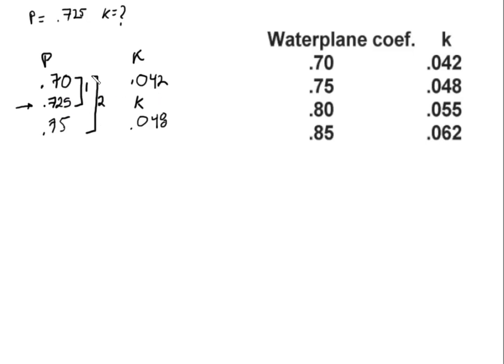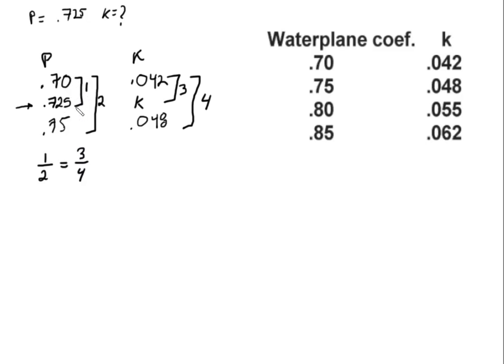Since I did 1, 2, I've got to do 3, 4 over here. Since 1 was the difference between the bottom and what I'm looking for, 3 is going to be this, and 4 is the whole difference. Now I'm going to set up a proportion: 1 divided by 2 equals 3 divided by 4.